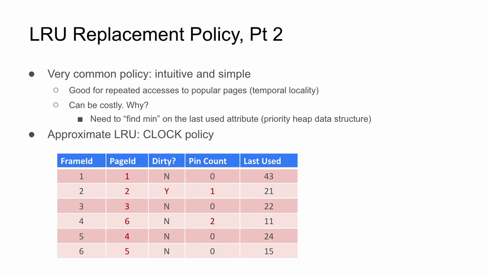But there's a couple of things here that we might want to be cognizant of. Number one, what is it good for? It's pretty good for when you have repeated access to popular pages. For example, when I load a page into memory, if it's very frequently accessed, its timestamp will also be very recent.